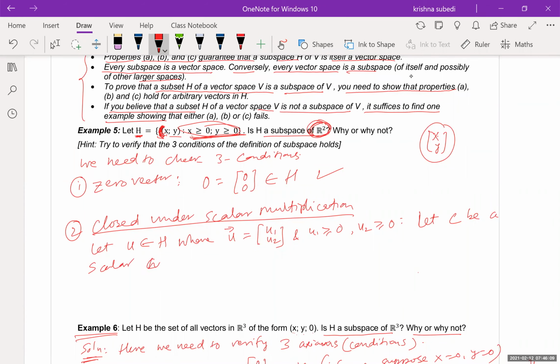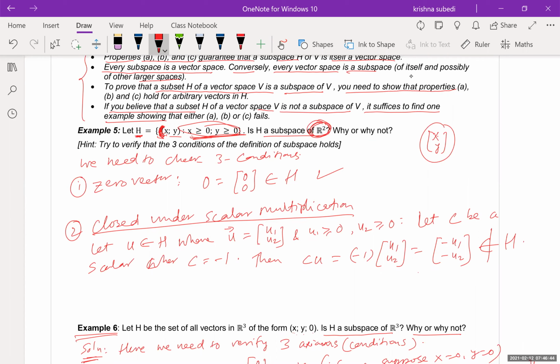Where, let's say c equals -1 or -2 or -3, whatever. Then what happens? Then cu, with c equal to -1, is negative u1 and negative u2. And this does not belong to H, because H cannot have any negative numbers there, right?